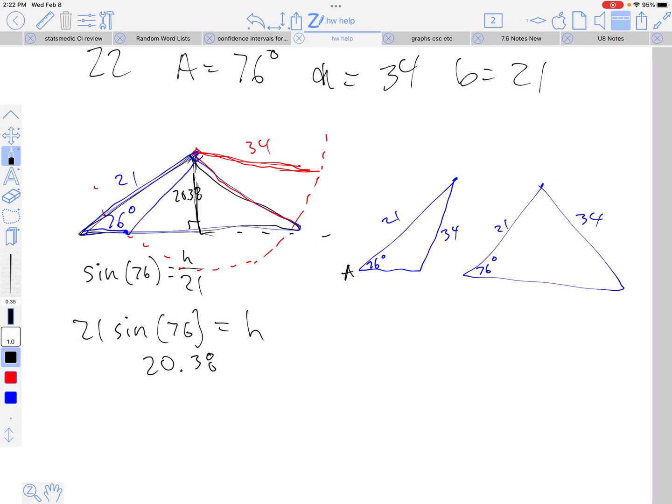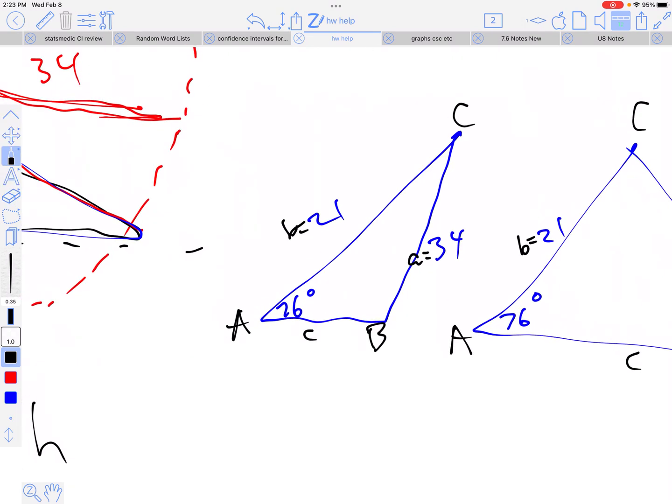So let's label it real quick. That's A, that's A, this is A, this is A, that was B, that was B, B, B, and then this will be C, of course. Okay? All right, so I'm going to start with this obtuse one.